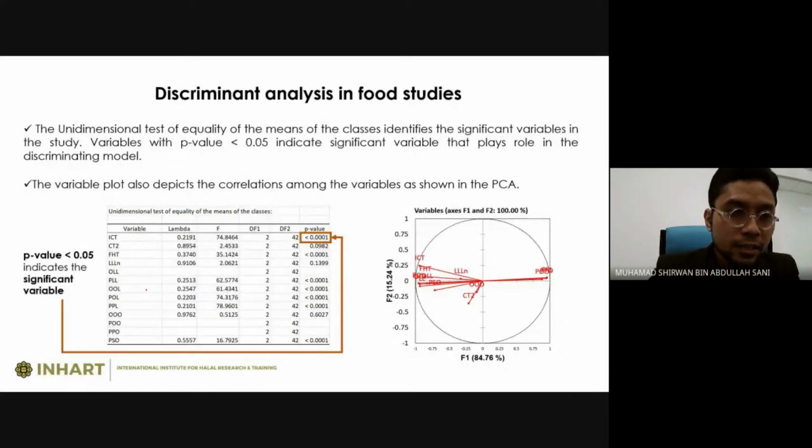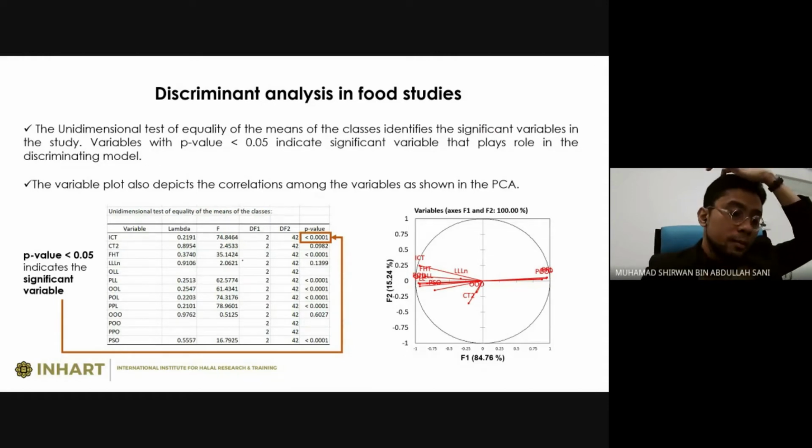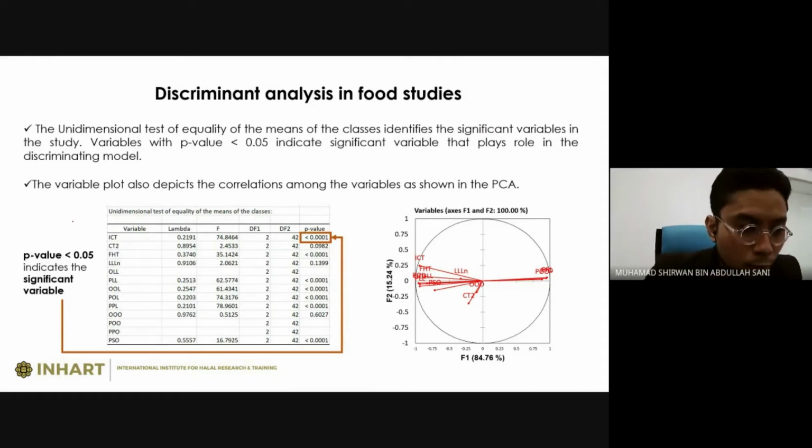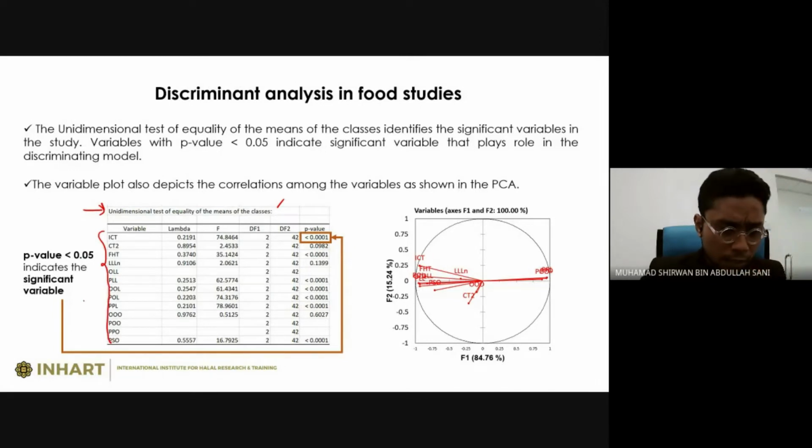Then the unidimensional test of equality of the means of the classes identifies the significant variables in the study. Okay, from this discriminant analysis, you can find one table in XLSTAT which is named as this one: unidimensional test for equality of the means of the classes. The discriminant analysis will list down all the parameters or variables that we chose or that we have in the training data set, which in this case is TAG, triacylglycerol.